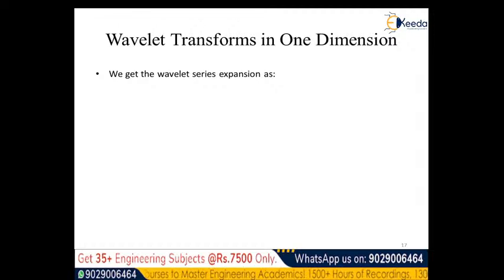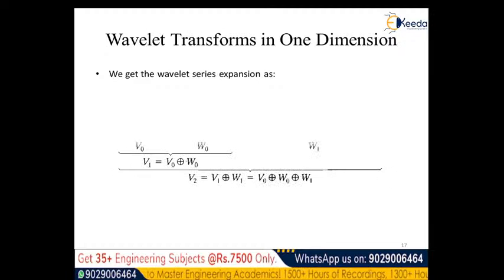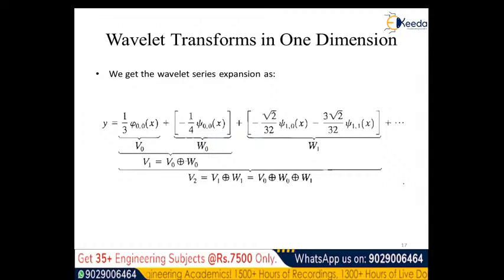So mathematically we can denote it as y is equal to the first coefficient we are representing in this mathematical expression here, 1 by 3 multiplied to the scaling function phi suffix 0 comma 0 as a function of x here. This is what the functional space denoted v0 here.